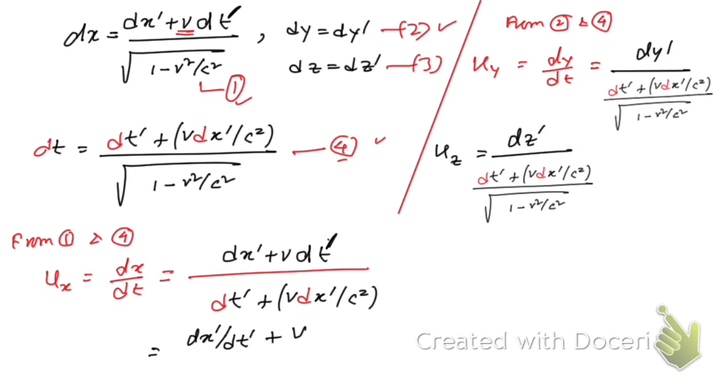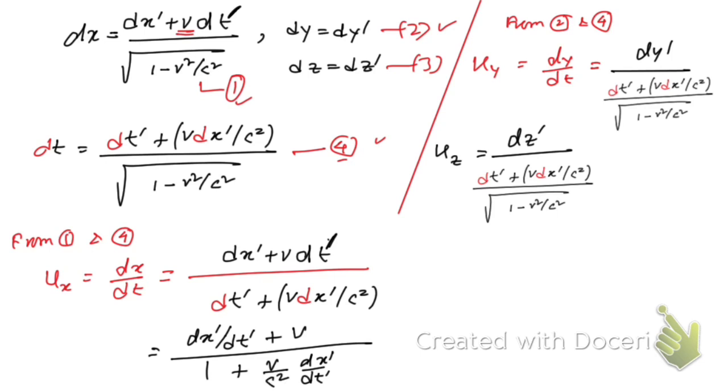So here we can simply write v, and here if you take dt dash by dt dash, again it's going to be 1, then plus here we're going to have v by c square and dx dash by dt dash. That's what we're going to have, right? Hope you have understood this.